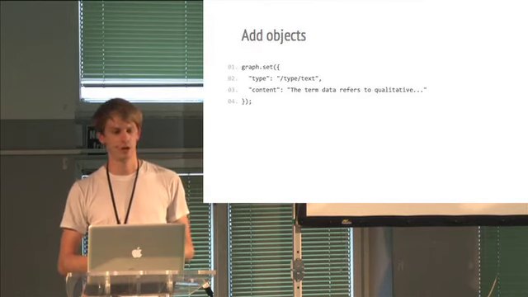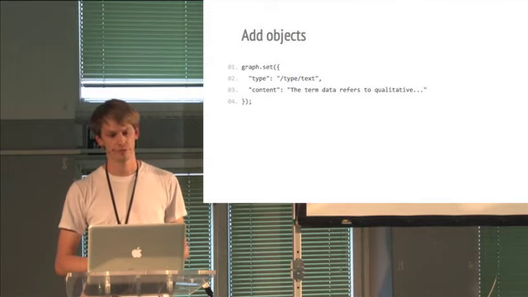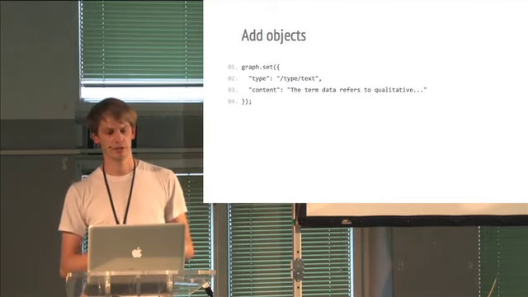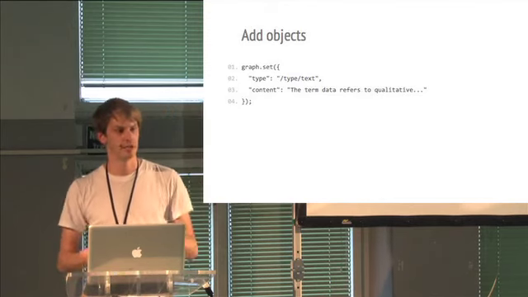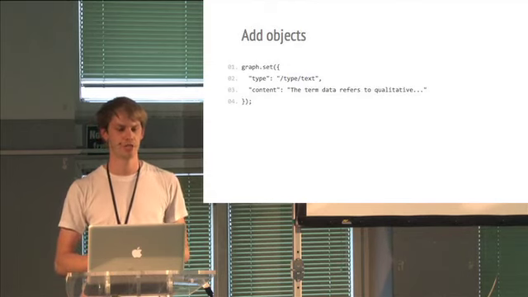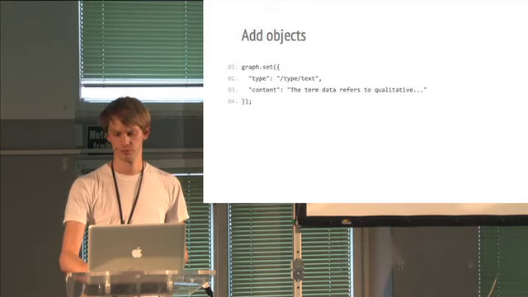When you've done that, you are ready to add objects to the graph, which is as easy as calling graph.set and passing it an object represented as a JSON object. In this case, we just add a new text node.